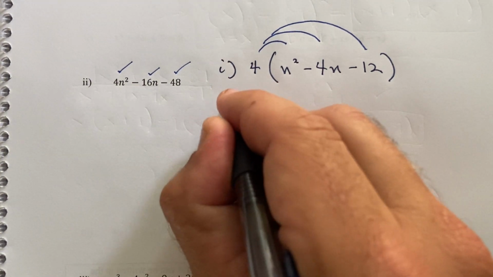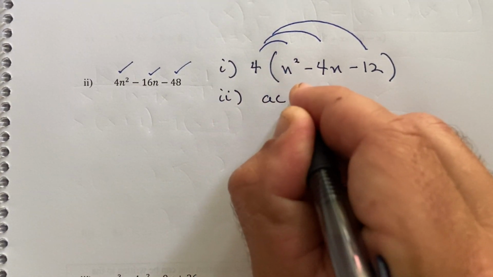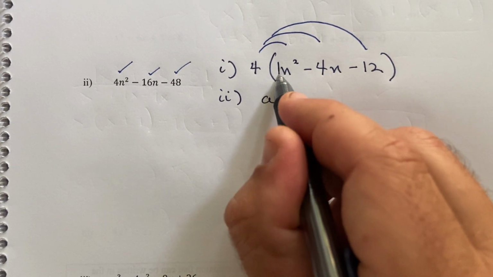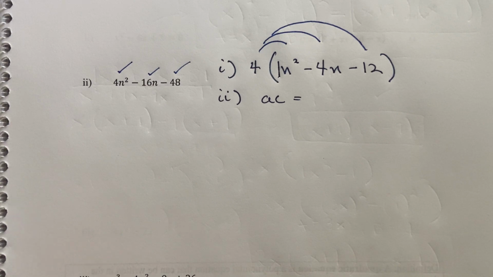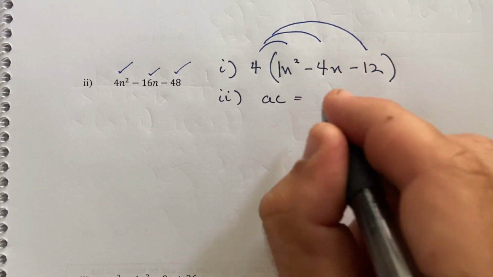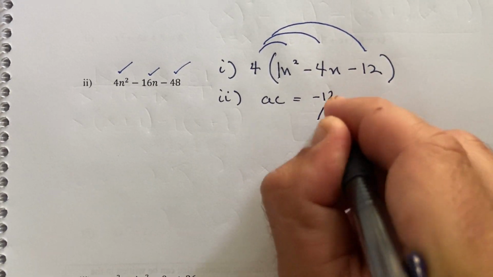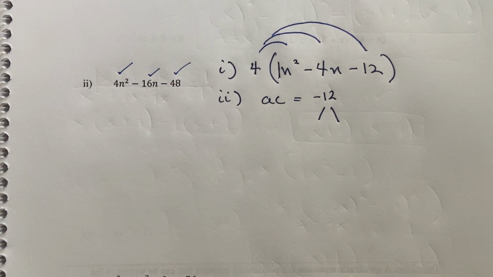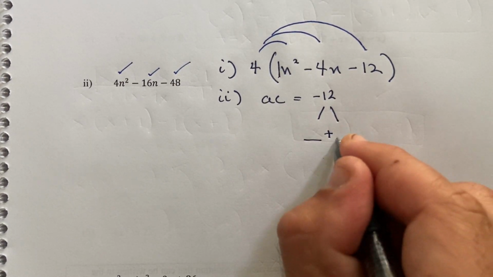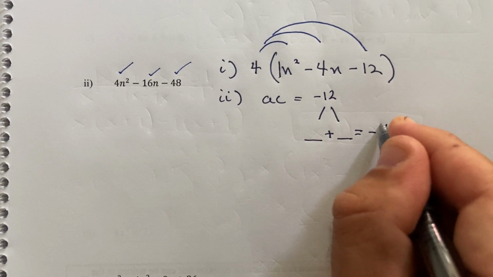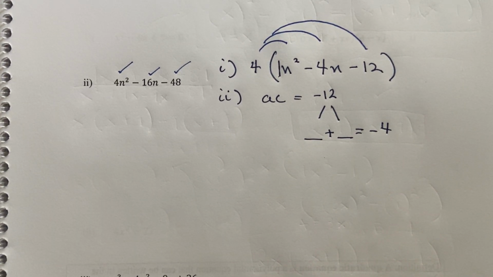Part 2 is take a times c, and I'm using this a and this c, not this a and this c. So a times c is 1 times negative 12, in other words, negative 12. Part 3, factor negative 12, looking for factors that add up to b, which is negative 4 in this case. So we want numbers such that when I add them, I get negative 4.